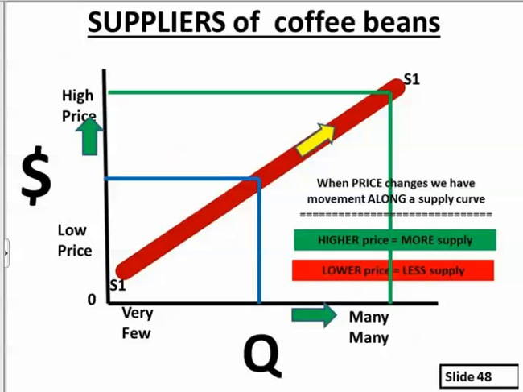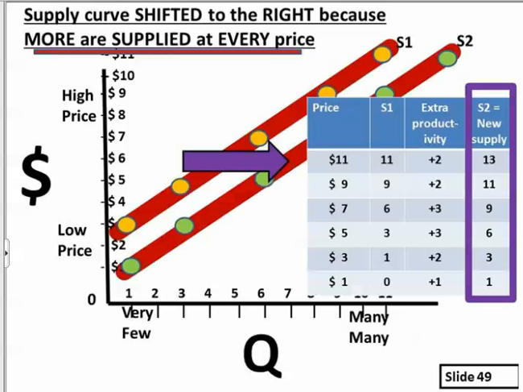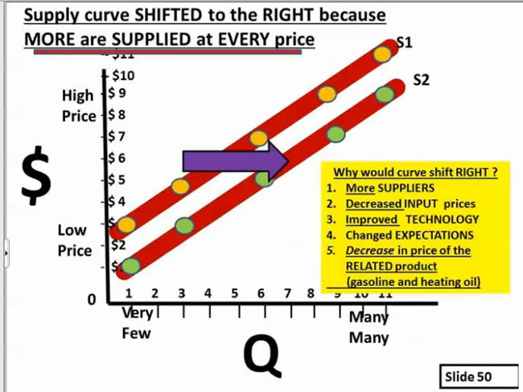On the flip side of that, if we were to be told or see that the price increases, then we know our suppliers are going to supply a lot more at that new higher price. Okay? And again, we can have a situation where the problem tells us something that causes a shift in the supply curve. And again, if there's more going to be supplied at every price, the shift will be to the right. So we'll look at an example of that.